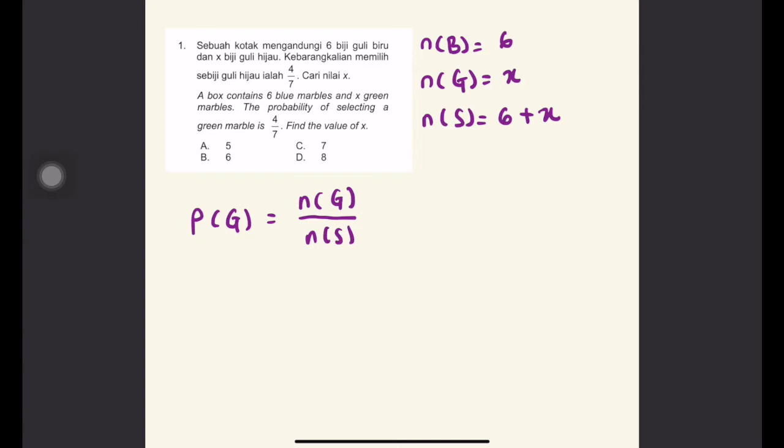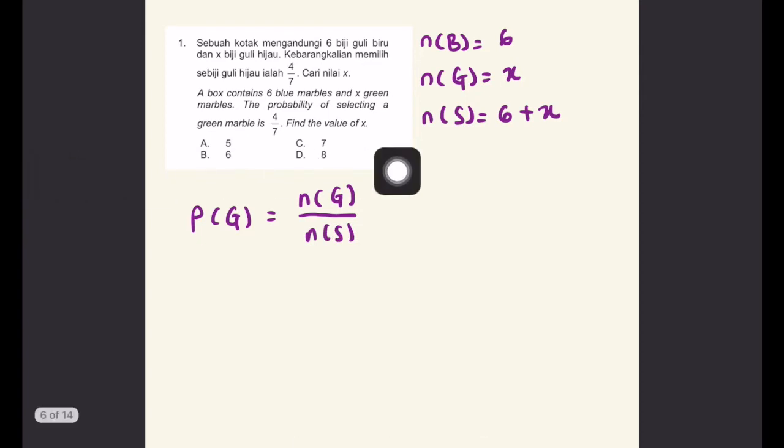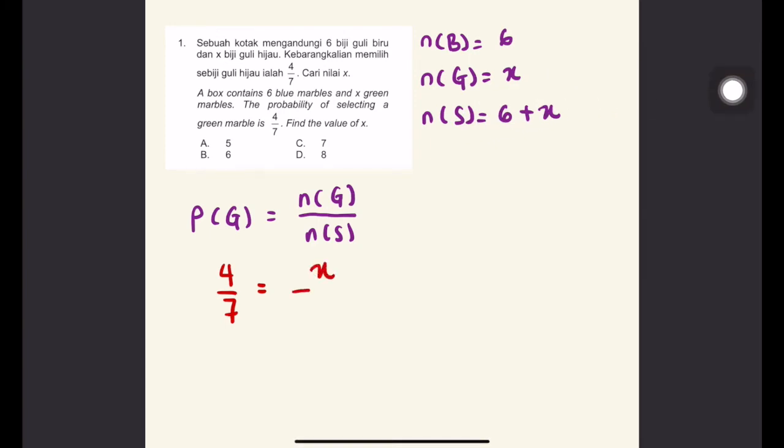So probability of G is 4/7, which equals X divided by 6 plus X.